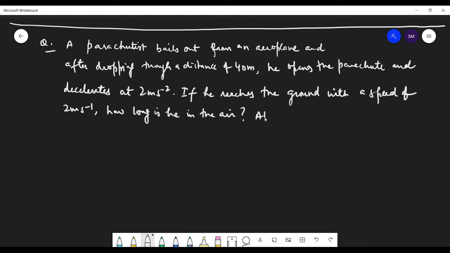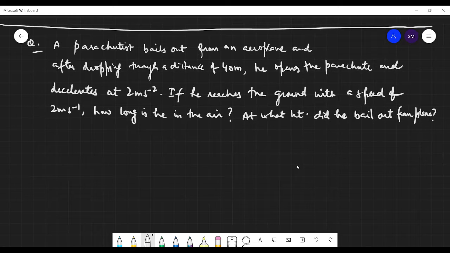At what height did he bail out from the plane? So that's your question.